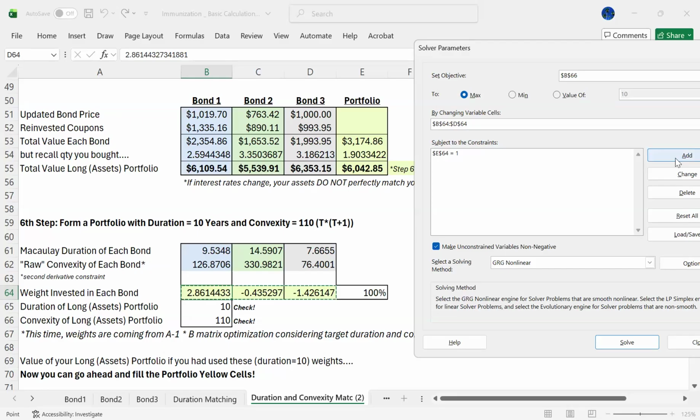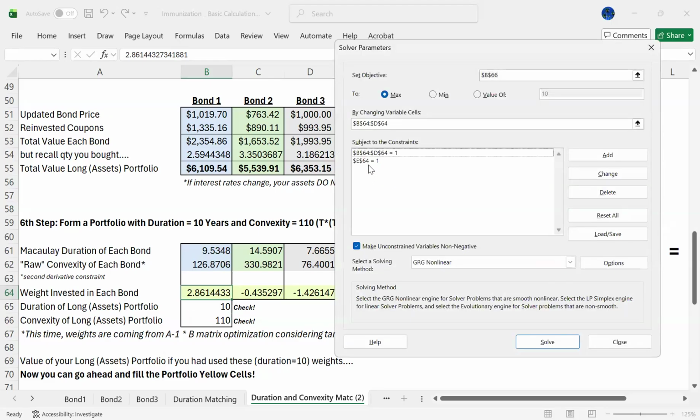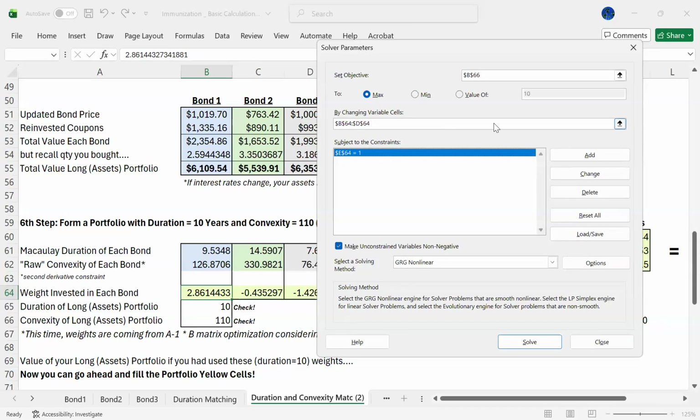Subject to the following constraints, the sum of these weights has to be equal to 1. I have that one twice, so let's delete this one.